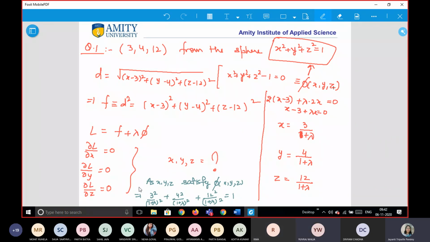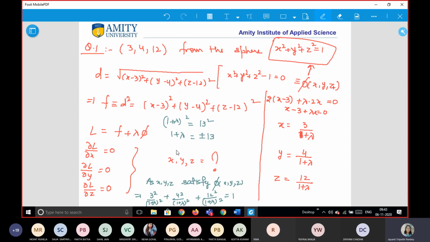Now 3 square plus 4 square is 5 square, that means 25, and 12 square is 144. So 25 plus 144 is 169, that is 13 square. So 1 plus lambda is plus minus 13.